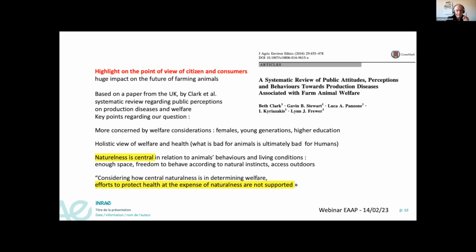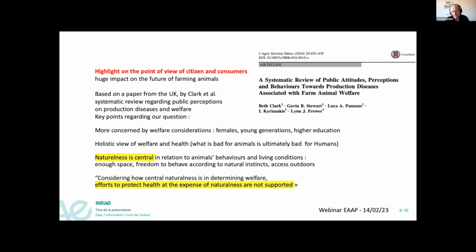Those more concerned by welfare considerations are females compared to males, young generations, and higher-educated people. These citizens and consumers have a quite holistic view of welfare and health, and they take into account both of them at the same time.